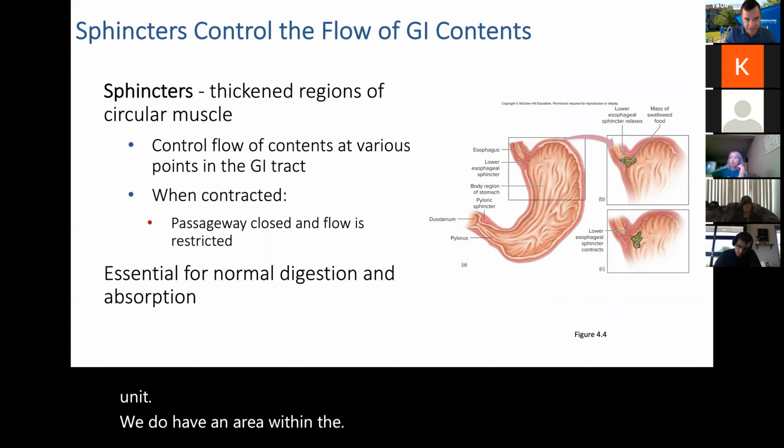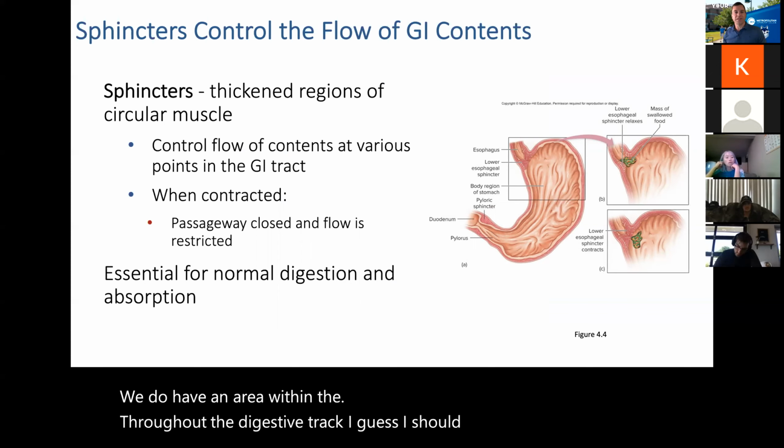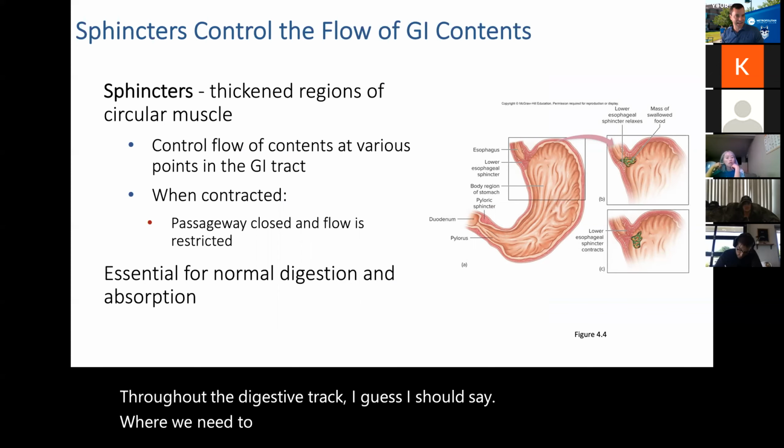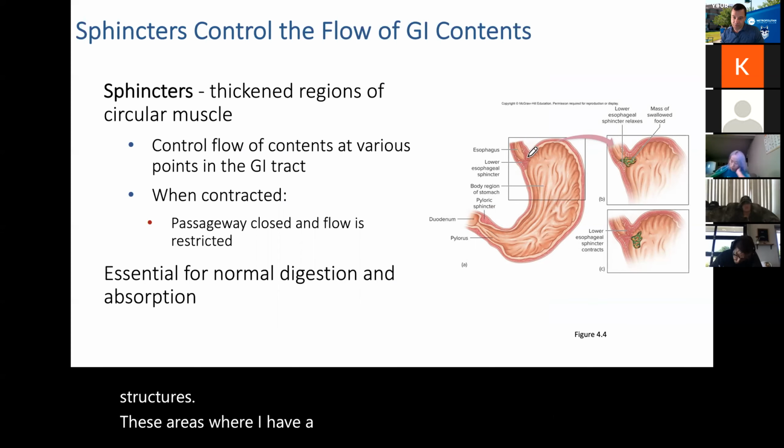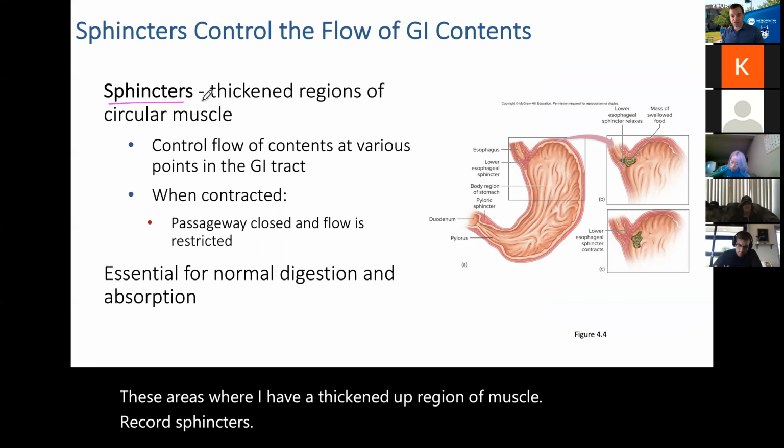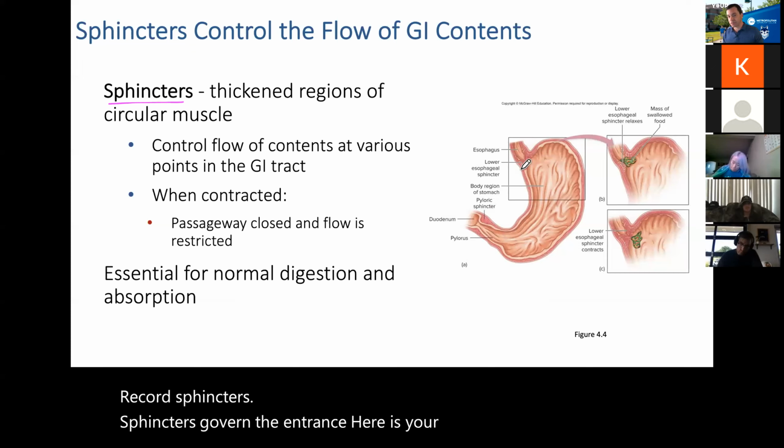Throughout the digestive tract, we need to govern the entrance and exit to various different structures. These areas where I have a thickened region of muscle are called sphincters. Sphincters govern the entrance. Here is your lower esophageal sphincter, your cardiac sphincter.